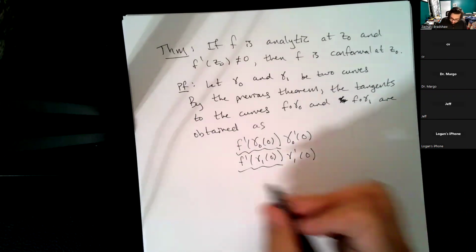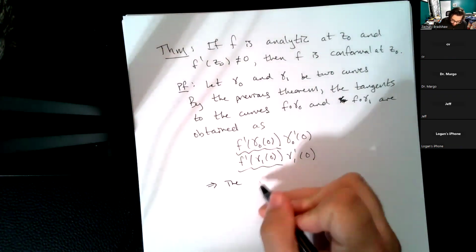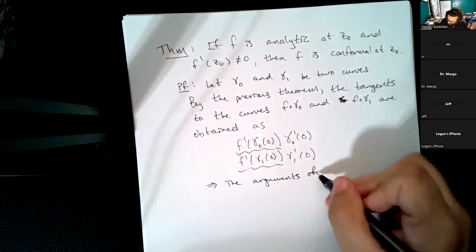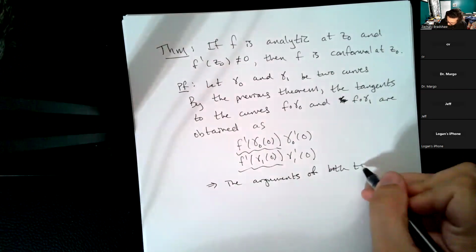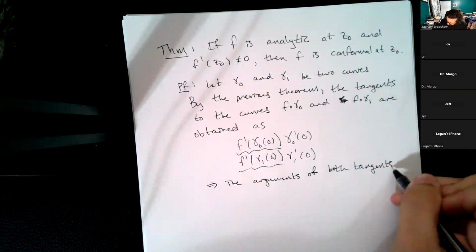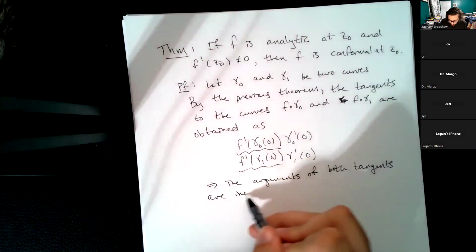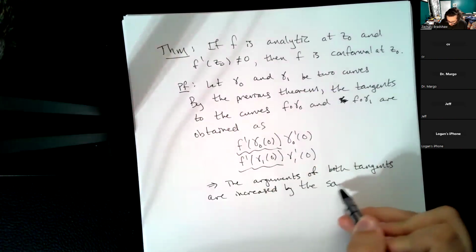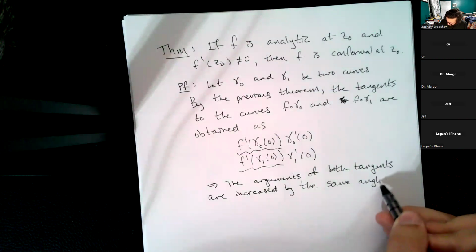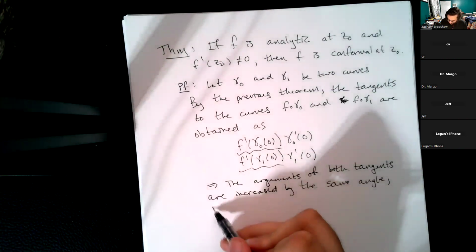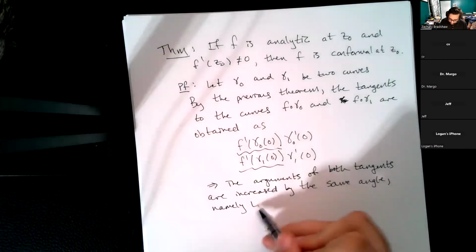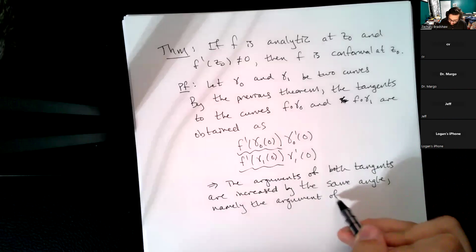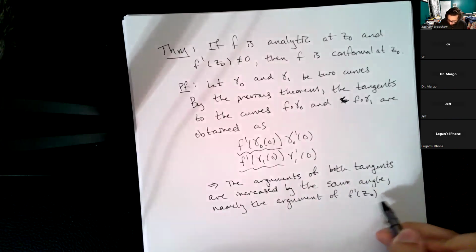So the arguments of both tangents are increased by the same angle, namely the argument of f prime of z0.